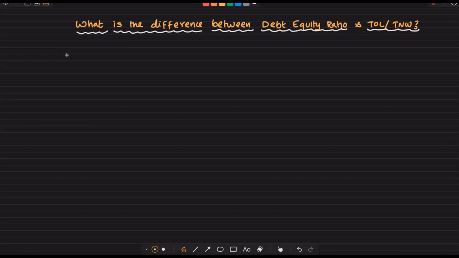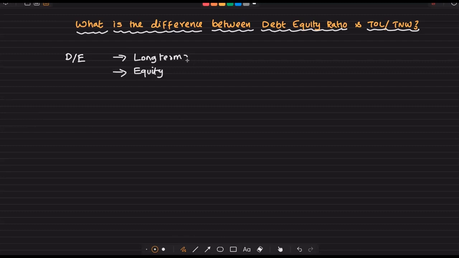In your academics, when you have studied your finance programs, you would have studied debt equity ratio is something where debt is only long-term debt and equity represents owner's money.